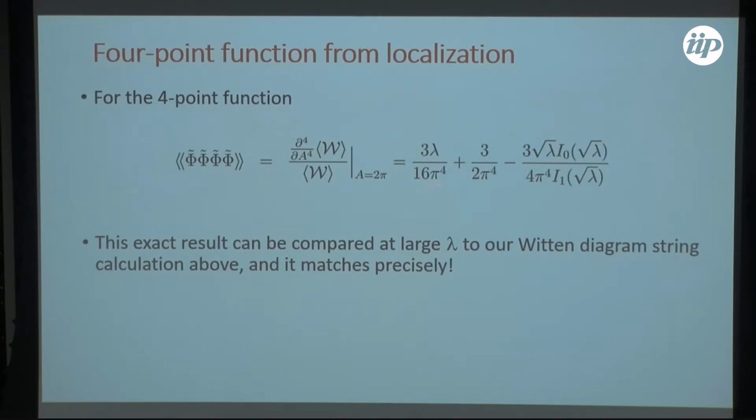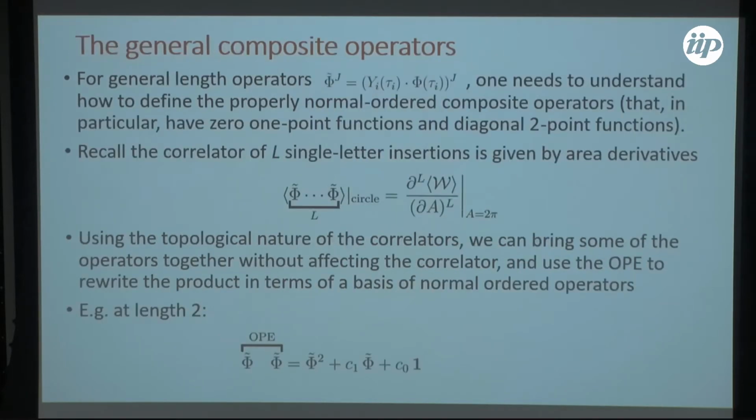You take 4 area derivatives, you get this function of coupling, and you can check if you take that kind of complicated looking result that I flashed before for the 4-point function of scalar insertions, and you map it to the circle, and then choose the particular polarizations corresponding to these topological operators, you can check that it precisely matches the strong coupling limit of this. Okay, so it's a non-trivial check.